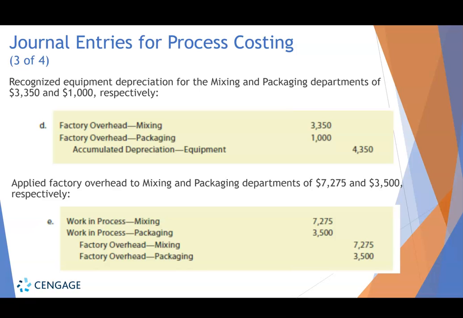Then we applied our factory overhead to mixing and packaging departments, $7,275 and $3,500. So we would debit our work in process mixing for the $7,275, debit our work in process packaging for the $3,500, and credit our factory overhead.